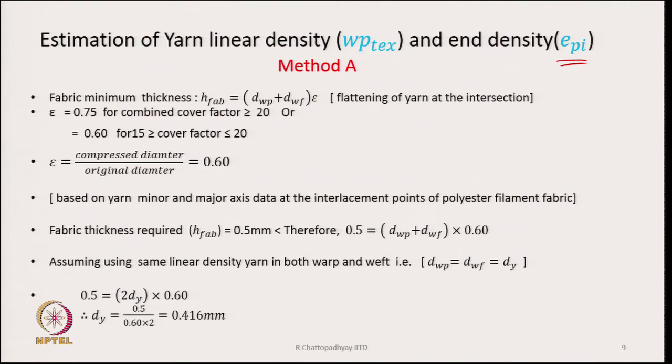Let us say fabric minimum thickness H fab is actually given by this equation by some authors, that is H fab equals d of warp plus d of weft multiplied by eta, where this value is 0.75 for combined cover factor greater than 20 and 0.60 for cover factor between 15 to 20.